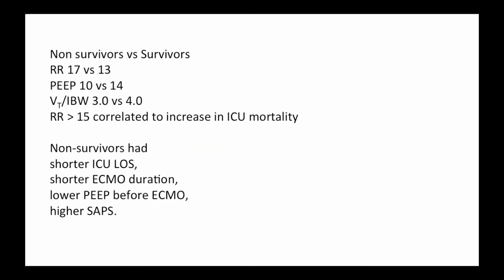Non-survivors had a shorter length of stay, shorter ECMO, and lower PEEP and higher SAPS. So these quite interesting findings tell us that actually there may be a good reason for us to continue our studies to look at the way that mechanical power is distributed in ARDS lungs.